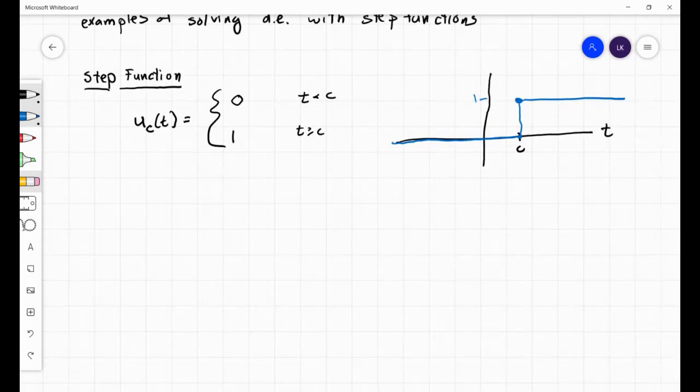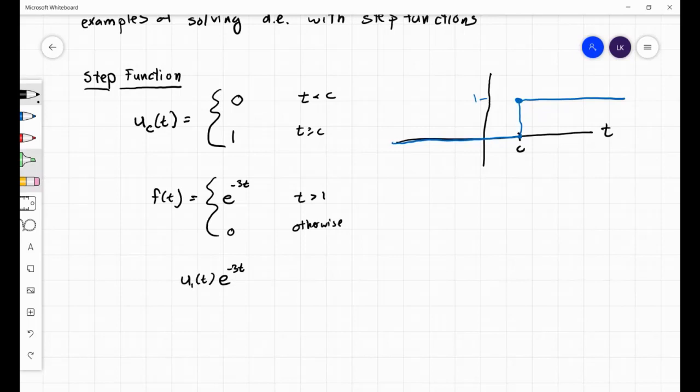So for example, if I have a function which is equal to some exponential, but only after some time, let's say time equals 1, but 0 otherwise, you could say, well, I'm just going to take this exponential and multiply it by this step function which turns on at 1.